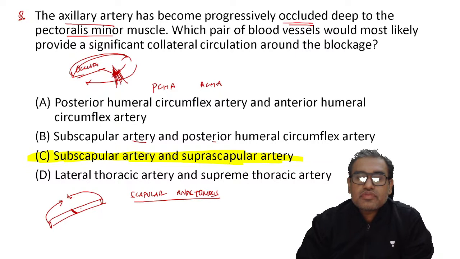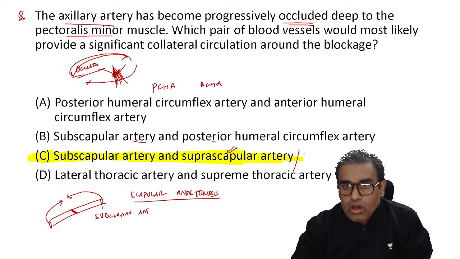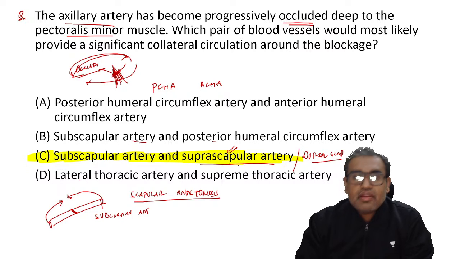Scapular anastomosis. What happens is proximal to the blockage there is a subclavian artery. Which artery? Subclavian artery, and this will give off branches like suprascapular over here or dorsal scapular artery. These all come from the subclavian artery.